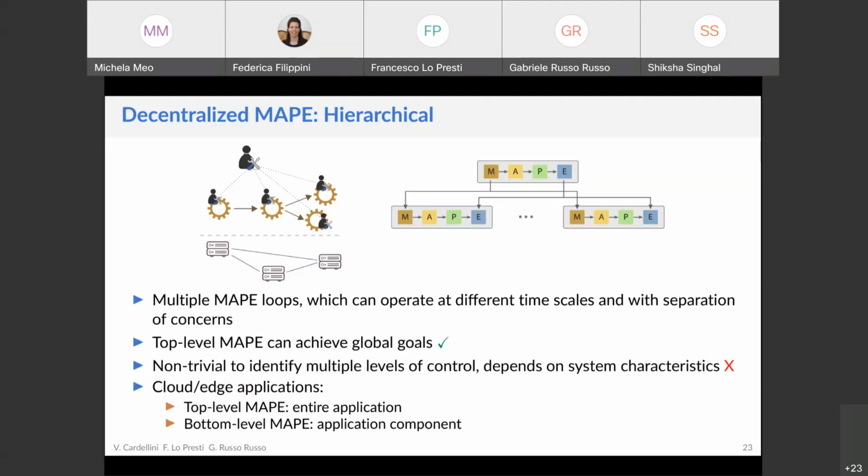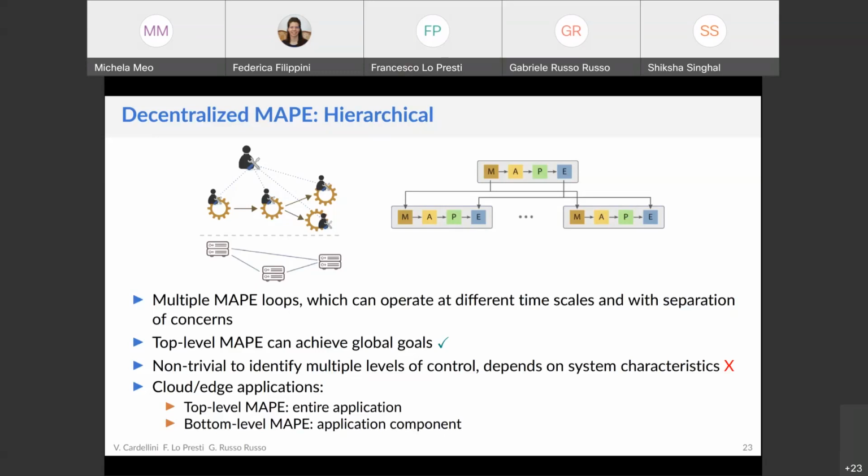In particular, the top level MAPE loop can achieve global goals and can have a global view of the entire application, while the bottom level MAPE loop can control, for example, in our case, a single component of the application.